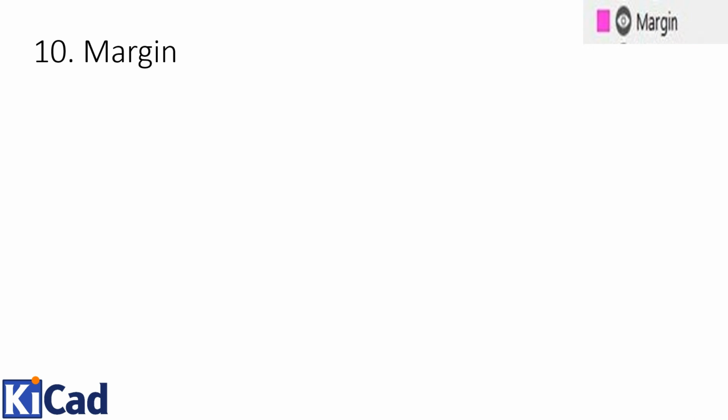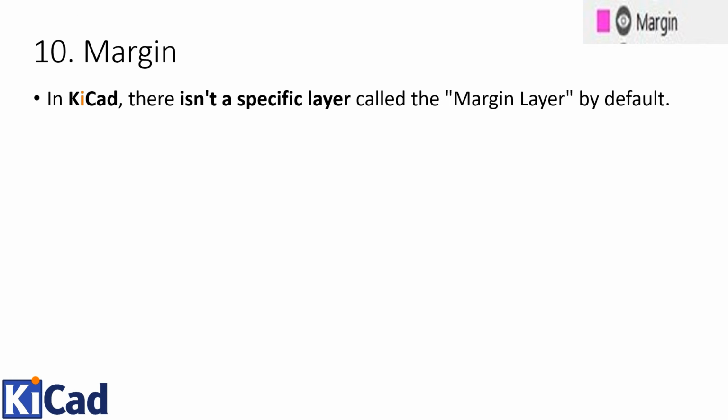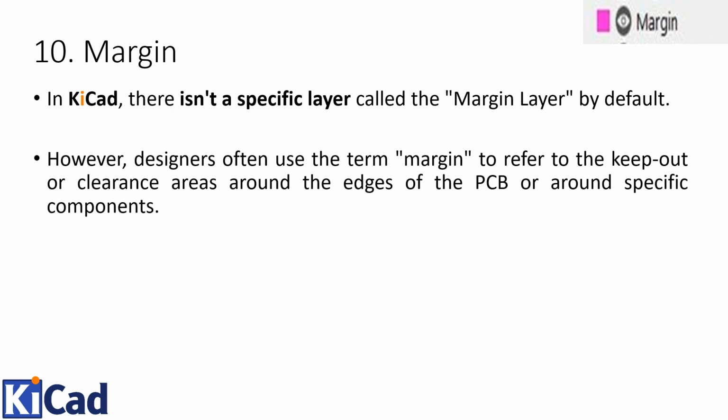Next, we will discuss the margin layer in KiCad. In KiCad, there isn't a specific layer called the margin layer by default. However, designers often use the term margin to refer to keep out layers or clearance areas around the edges of the PCB or around specific components.